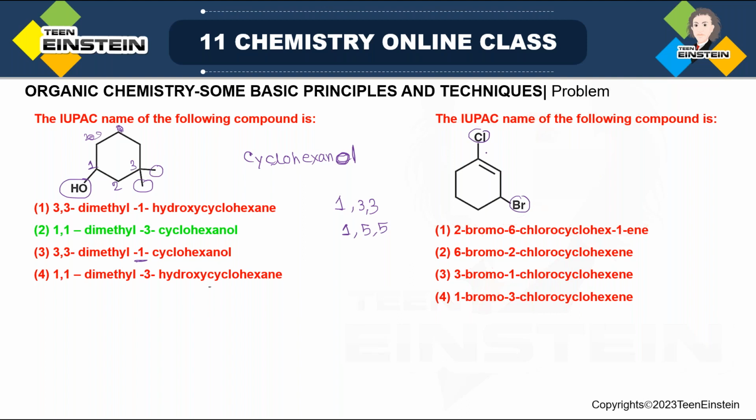Now, if I am doing the numbering like this, that means at 1 position we have chloro, at 1 position we have the C=C double bond, and at 3 position we have bromine.